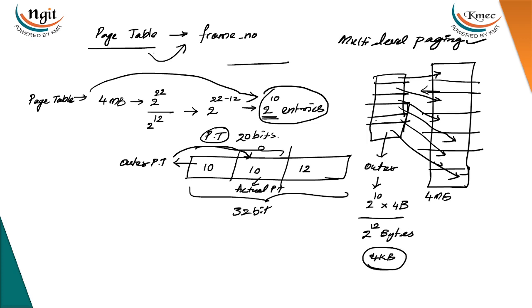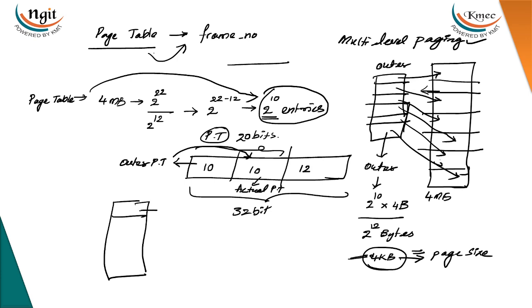Now this entire outer page table is 4 KB, which equals the page size. So this particular outer page table can be fit into one frame in the main memory. How these page tables will be structured and divided, we'll see next.